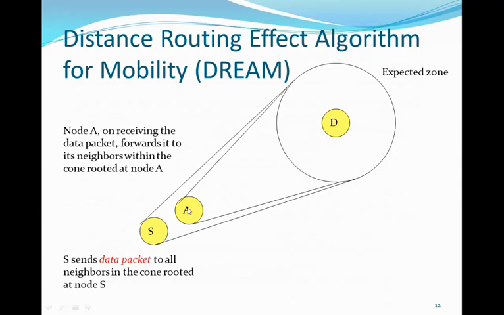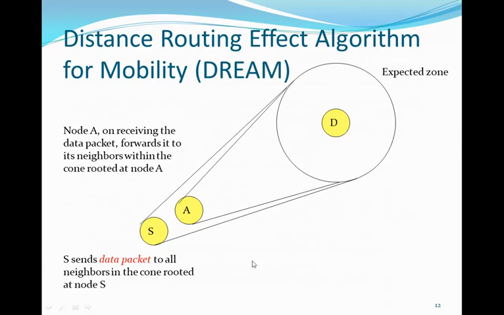So here you can see that this search is getting wider as the distance from the source increases. Node A in this example, on receiving the data packet, will forward it to its neighbors within the cone rooted at node A. So here the expected zone is in the form of a cone.